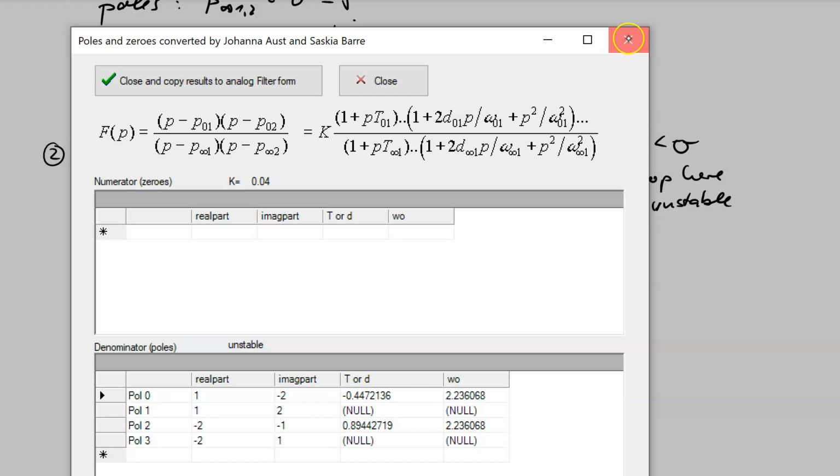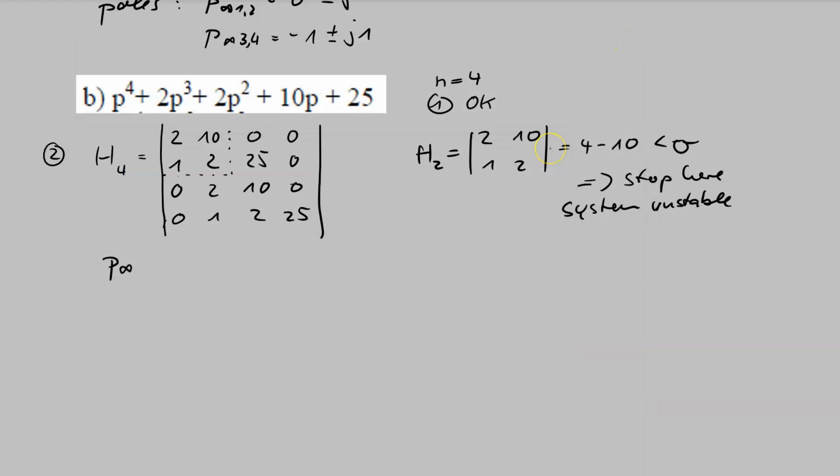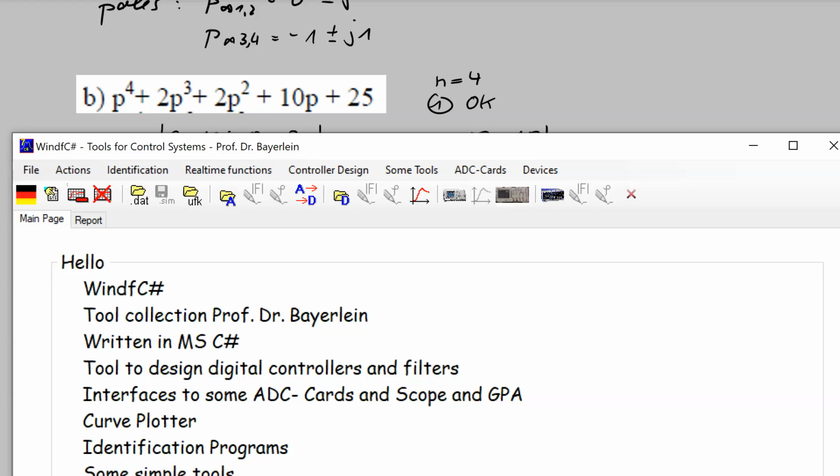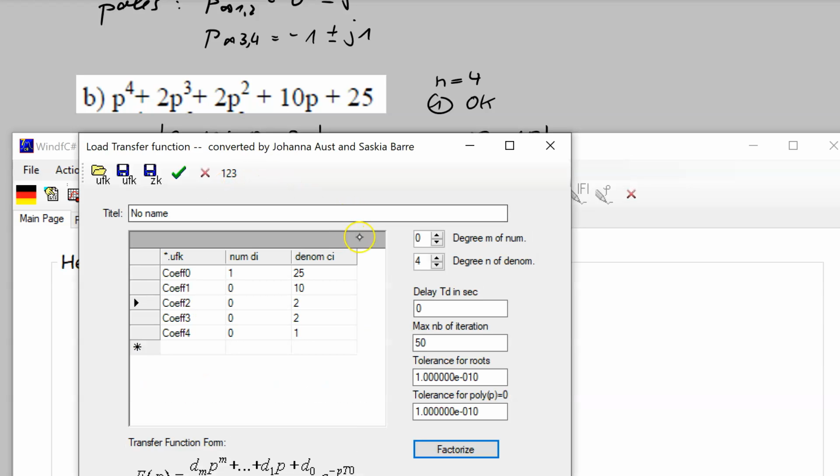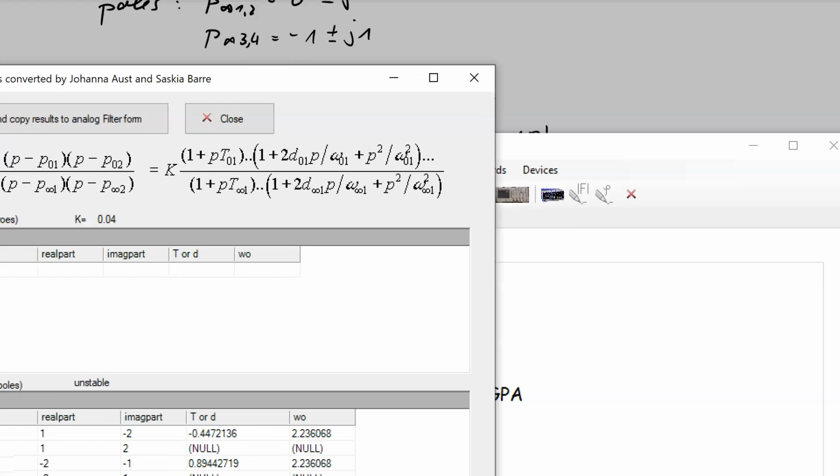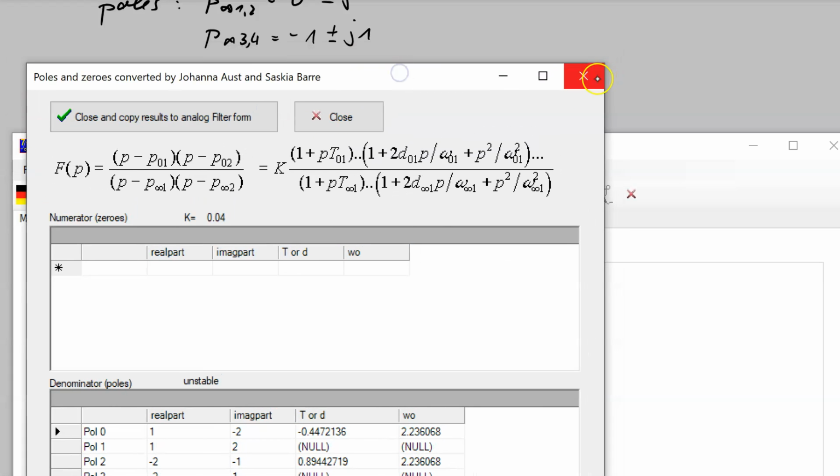So we write down the result: 2 plus and minus j1, and p infinity 1, 2, 3, 4 is 1 plus minus j2, and this is just negative 2.